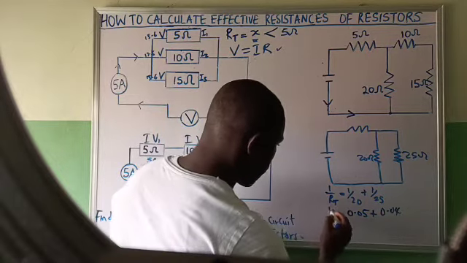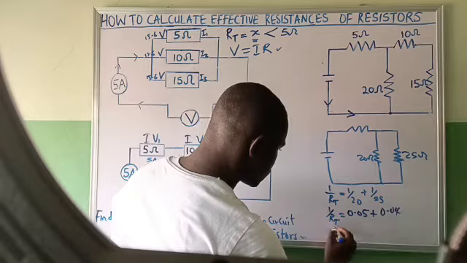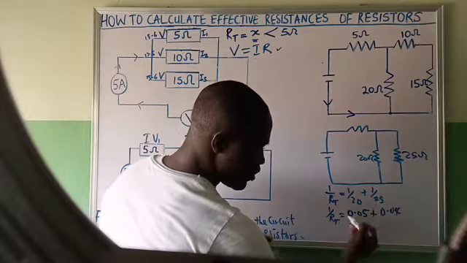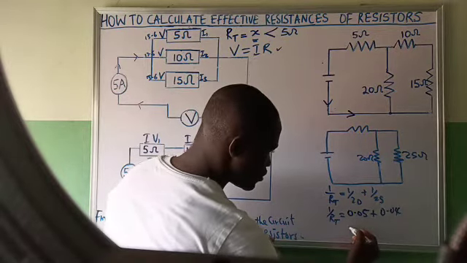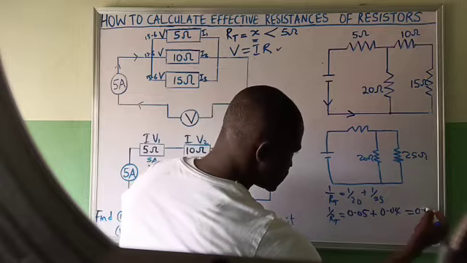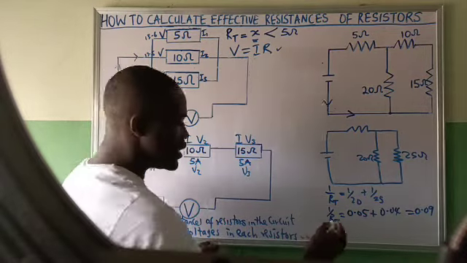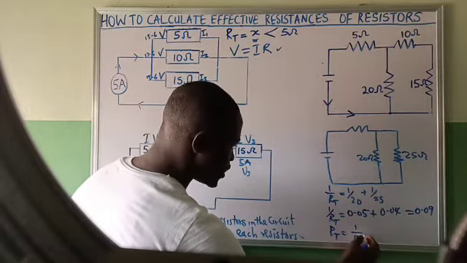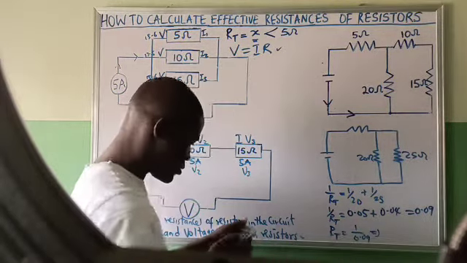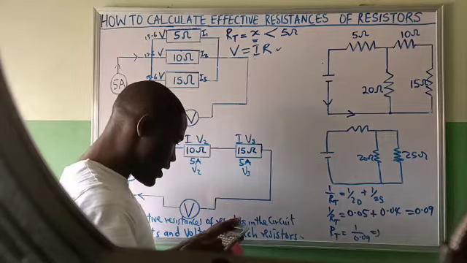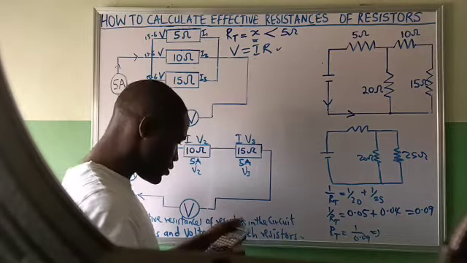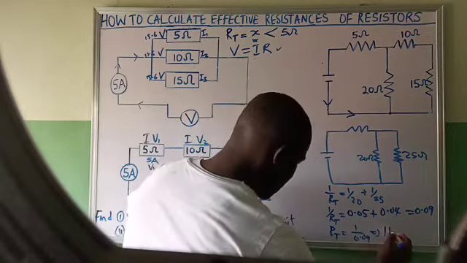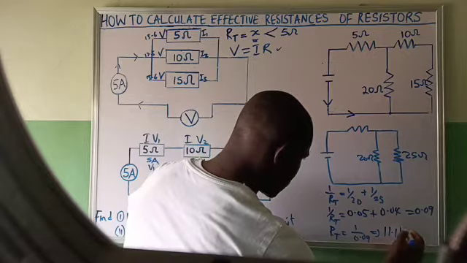Therefore, 1 over RT is equal to this. If you add them up, it gives 0.09. Then RT is 1 over 0.09, which gives me 11.11 ohms.